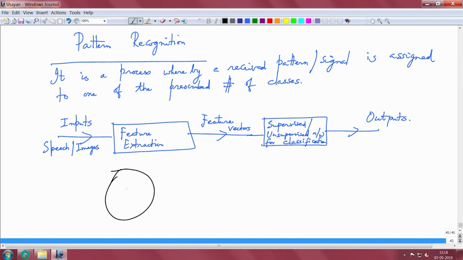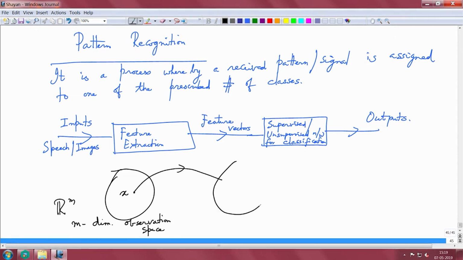We have some signal X, and this is in an m dimensional observation space. So, I just say Rm. From this space, I get into a feature space which is q dimensional.